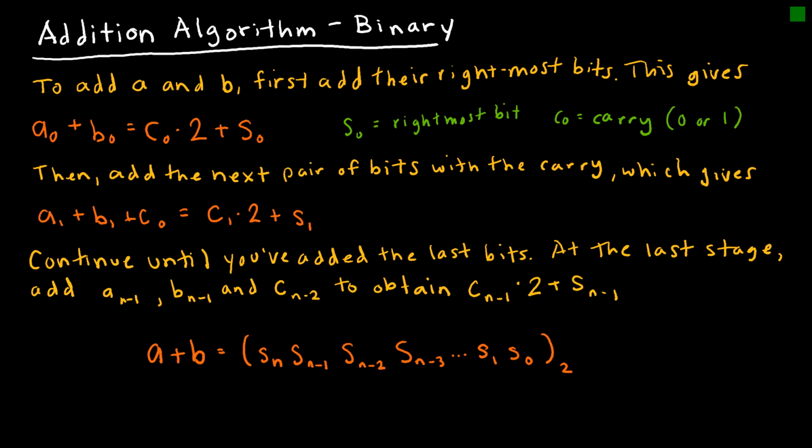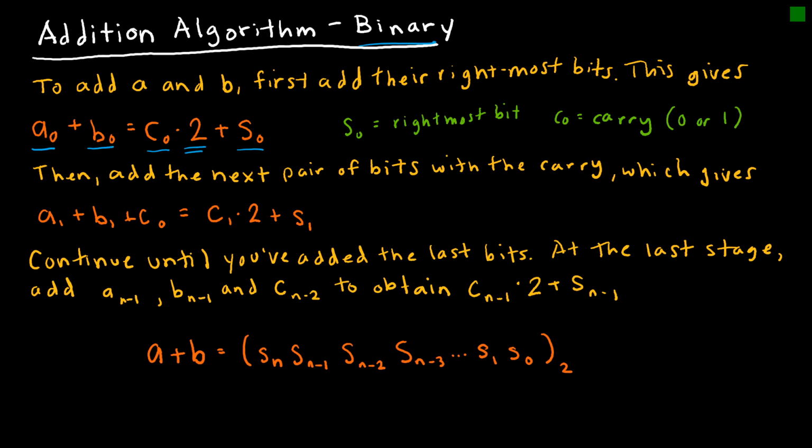We're first going to add their rightmost bits, and so that's telling us to take the rightmost bit of A and the rightmost bit of B, and that's going to give us, and again 2 because we're dealing with binary, so we're taking some value times 2 plus some value.